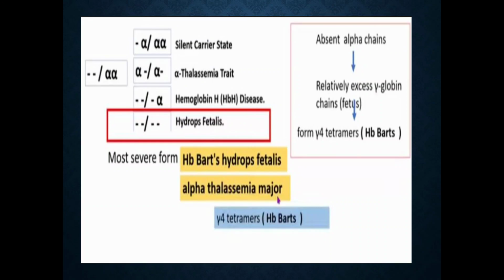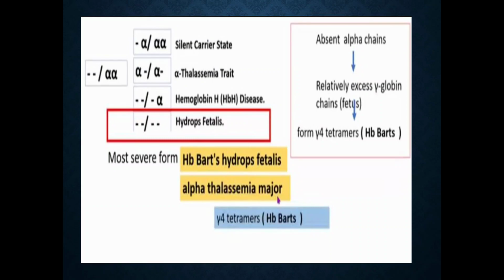Like in fetal life, I told you in the fetus there will be alpha 2 gamma 2. So when the alpha is completely deleted, after the embryonic hemoglobin switches to fetal hemoglobin, which would be alpha 2 gamma 2, the gamma tetramers are formed, Hb Barts are formed.